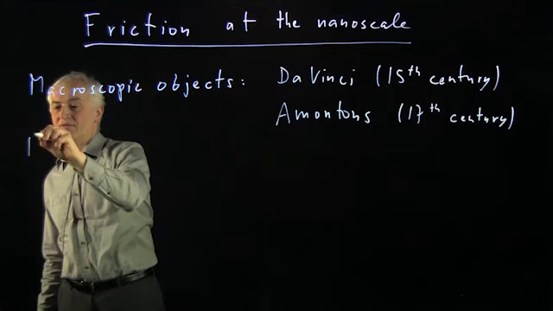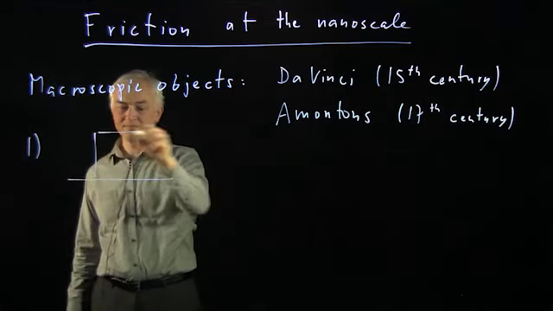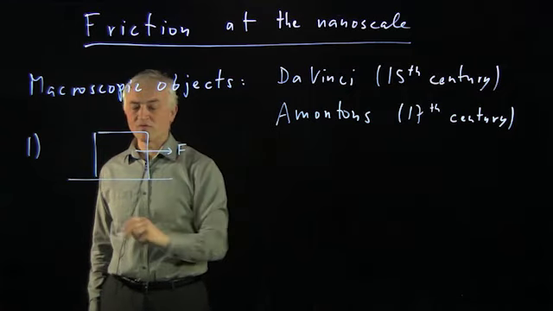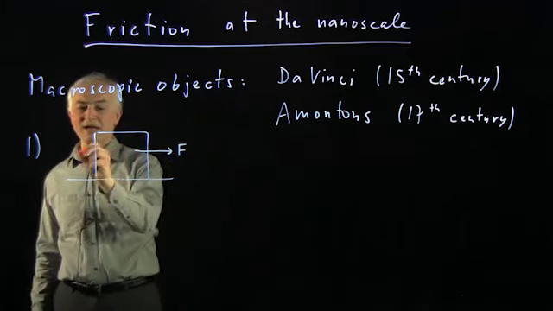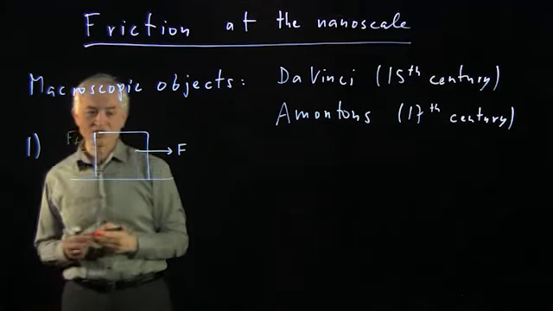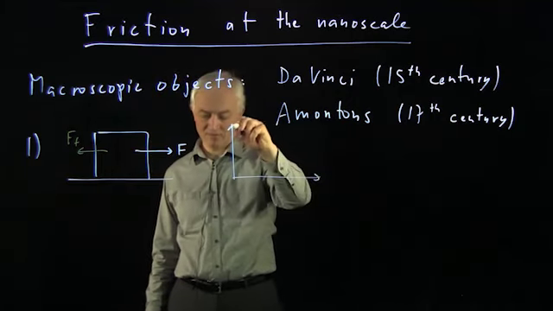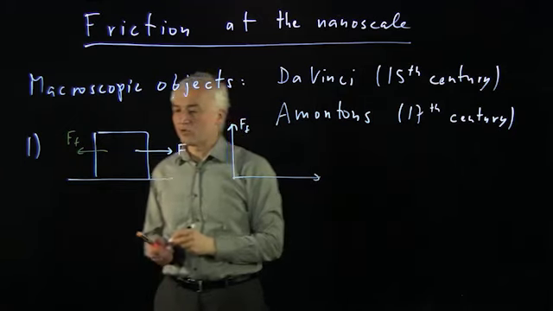The first law is that if you have an object sliding on a surface, so there's a force that you're pulling on the object, and there's a friction force acting in the opposite direction, then Amontons found that the friction force is proportional to the normal force.